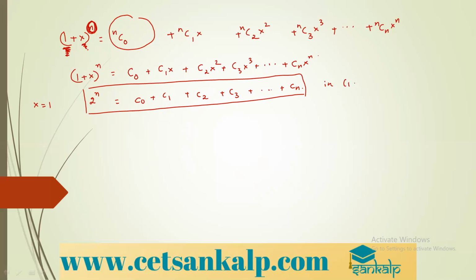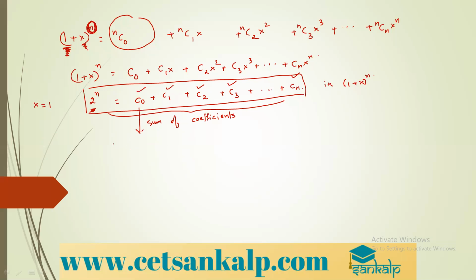In the expansion (1 + x)^n, if you find the sum of the coefficients, C0, C1, C2, C3, Cn, these are called coefficients. If you add these coefficients, the answer will be 2ⁿ. So this became a formula.